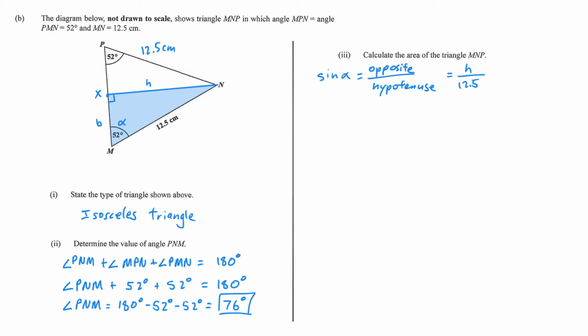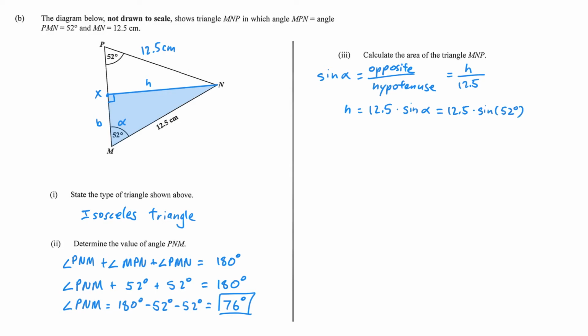So I can solve for h by multiplying both sides of this equation by 12.5. We get that h is equal to 12.5 times the sine of the angle alpha. Plugging in 52 degrees for alpha, h is equal to 12.5 times sine of 52 degrees.